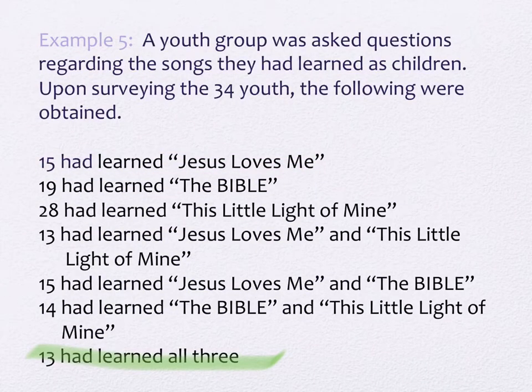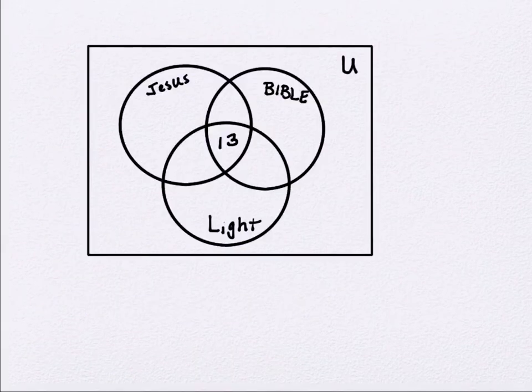What else could I start with? Okay, so this is the one that Hannah's suggesting. 13 learned Jesus Loves Me and This Little Light of Mine. So in our circles, Jesus Loves Me and This Little Light of Mine are these 2 pieces, right? They have to add up to 13, and there's already 13 in the middle.